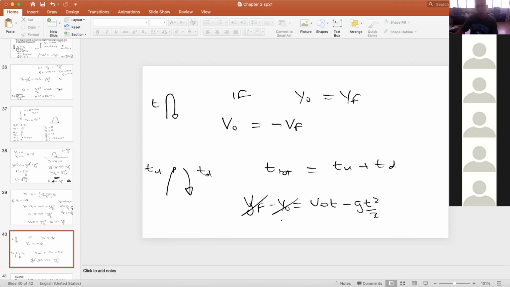When these are equal, you get 0 equals v naught t minus g t squared over 2, which becomes t equals 2 v naught over g, which means the time up is v naught over g, and the time down is v naught over g. And the total time is 2 v naught over g. That's cool. That only works if you start and land at the same spot.